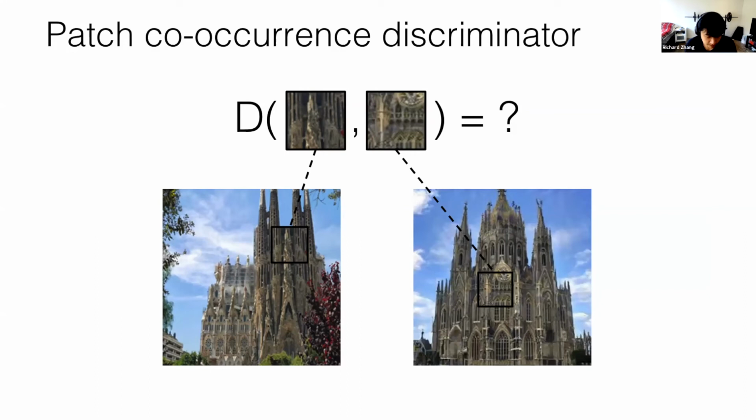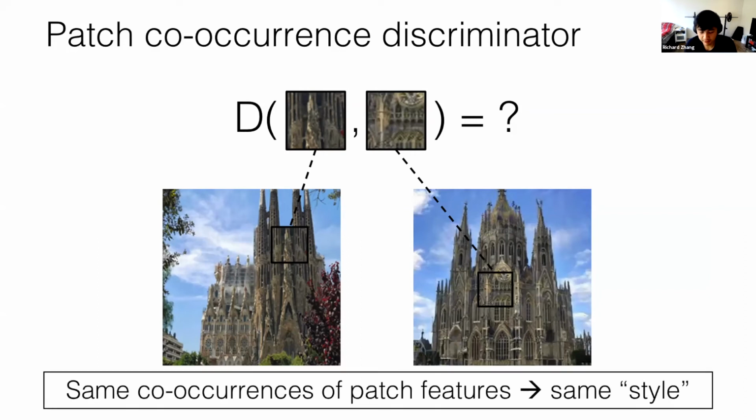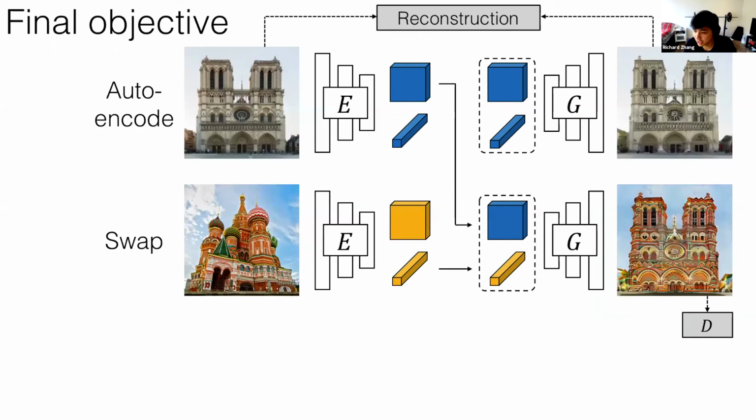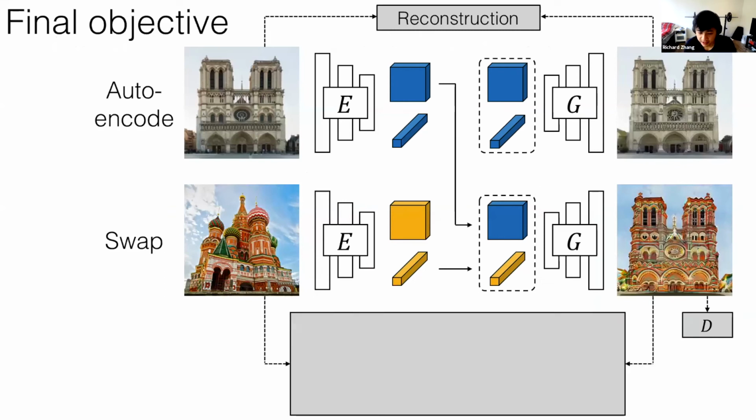Here, we're going to define this word, style, as saying if the images have the same co-occurrence statistics over relevant patch features, in some sense, they share the same style. And that's how we implement this loss. There's a bit more to it.